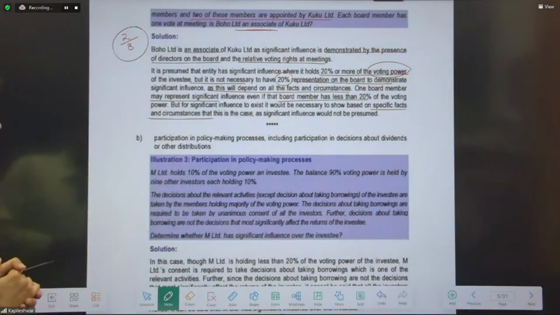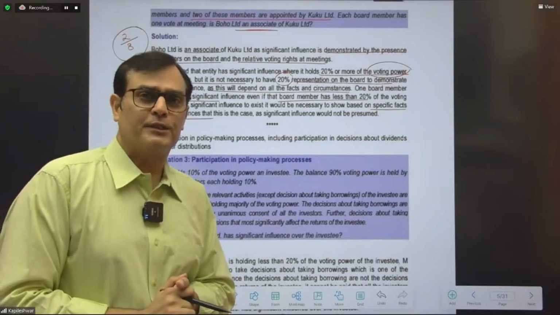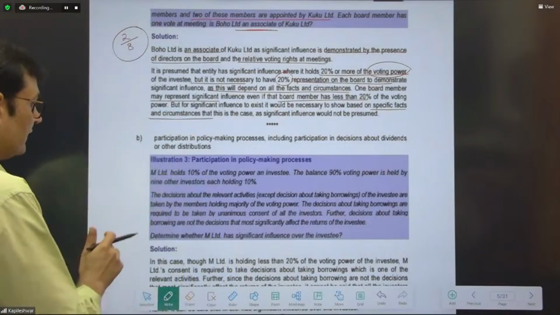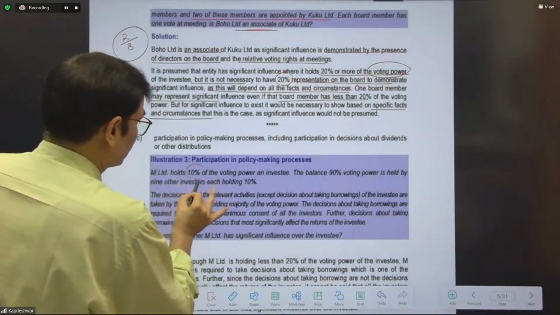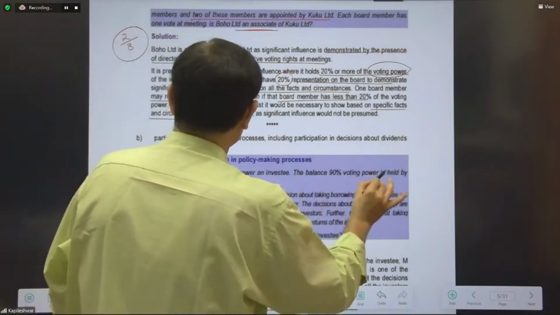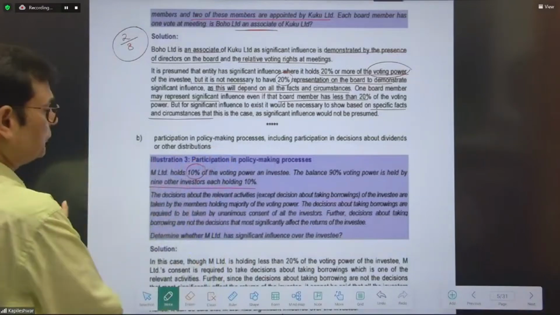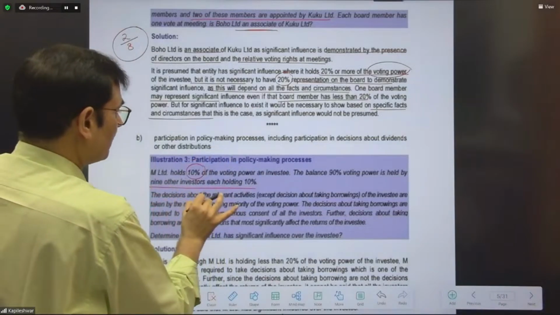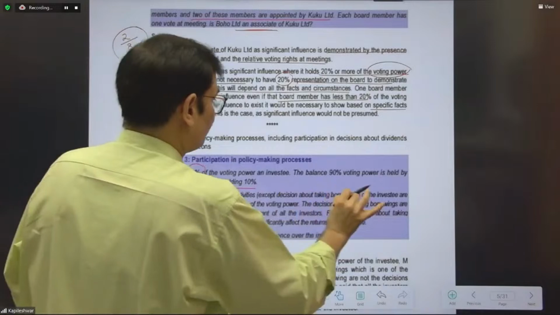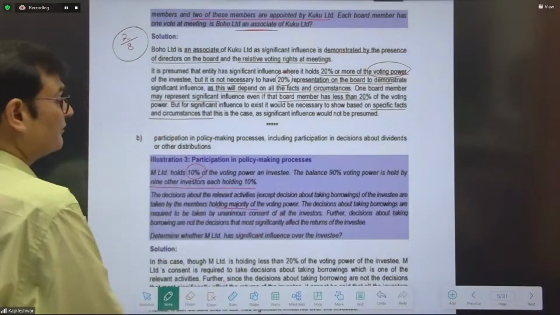Okay, let's have a look at another one. One illustration each is given on all the areas of para number 6. It says M has a 10% voting power, less than 20, and the balance 90% is held by 9 other investors with 10% each. The decisions about relevant activity of the investee are taken by the members holding majority voting power.